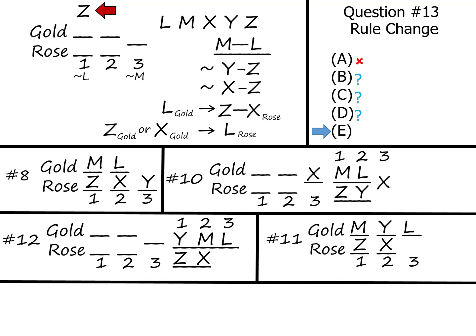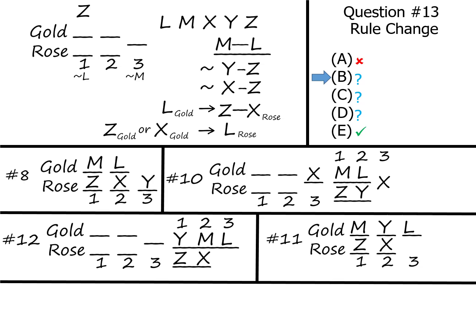If the answer choice lets you break the rule that you started with, it's not equivalent to the rule that you started with. And when we think about that, we'll realize that answer choice E has to be the answer, because if Z has to be at 1, there's no way we're going to be able to put either X or Y in front of Z. This new rule will force us to follow the original rule. Essentially, it will recreate the original rule, which means that answer choice E is our answer.